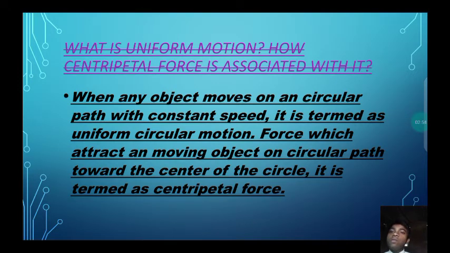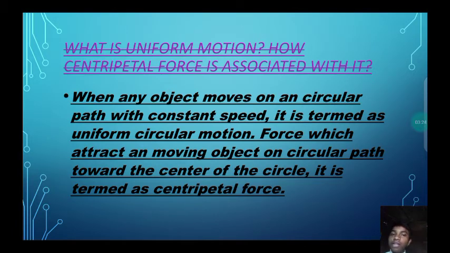When an object moves in a circular path with constant speed, it is termed uniform circular motion. First, look at the name. It means the motion is uniform on a circular path. We know that when motion is uniform, the initial velocity u and final velocity v are always constant, meaning they are the same: when v is equal to u, that's uniform motion.